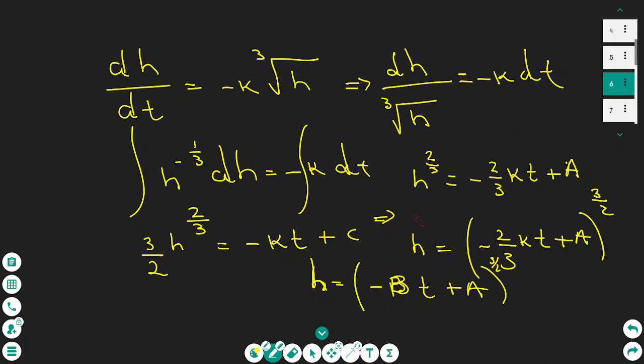So I raise both sides to a power of 3 over 2, and the left hand side is h to the power of 1, is equal to, in brackets, minus 2/3 kt plus a, to the power of 3 over 2. And you can make the minus 2 over 3 k as another parameter b, and the a as a. And this gives you the equation of h in terms of t. This is the equation of h in terms of t.